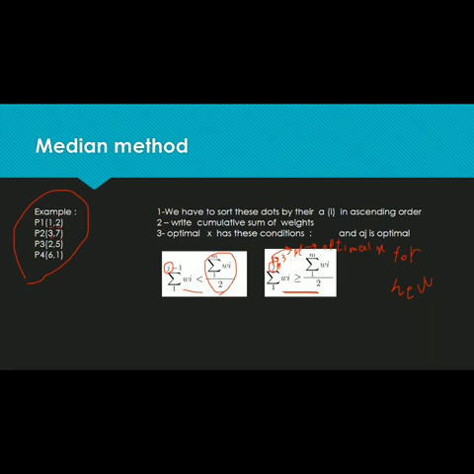And we have to calculate the cumulative sum of weights from the first equip to equip j, and if we see this statement, we have to continue and compare the next j.